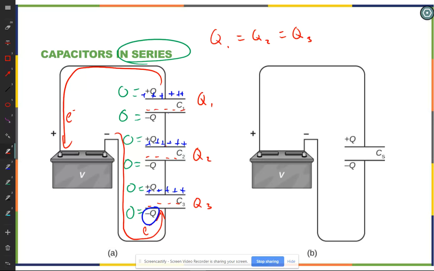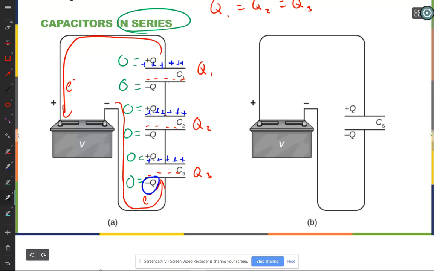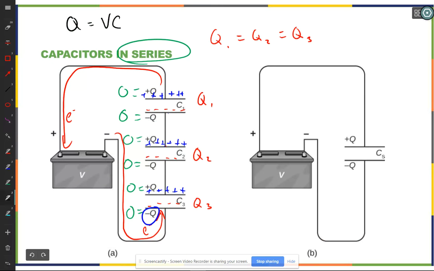So the relationship for a capacitor is Q equals VC, right? So if I look here, I have a certain charge Q that was moved across, and I have a voltage equal to the voltage of the battery for the entire set of capacitors.